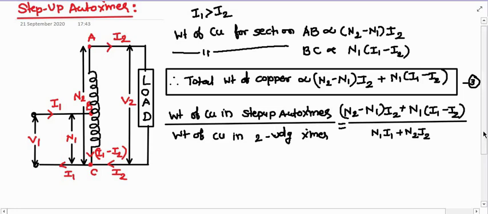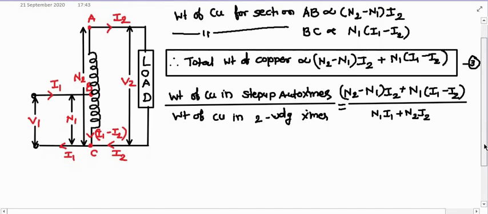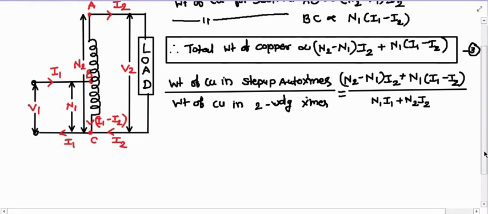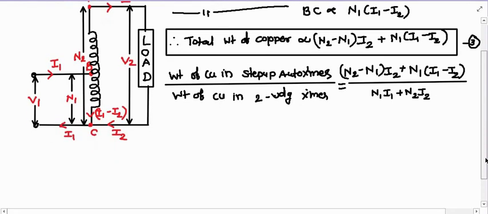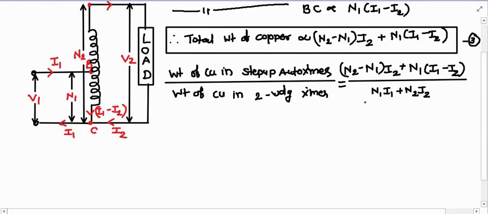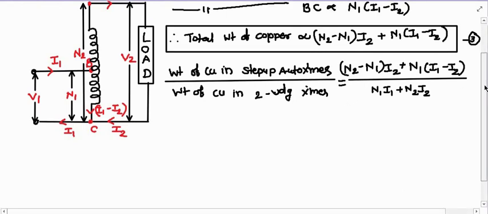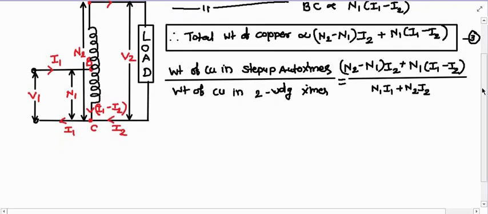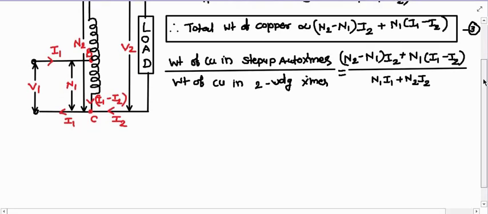Students, you have to keep in mind that in auto transformer only number of turns and current are changing, because the same winding is used as a primary as well as secondary. So these windings are magnetically coupled on the same magnetic core. I will tell you that again. First of all, we'll complete these derivations. What you will get here?